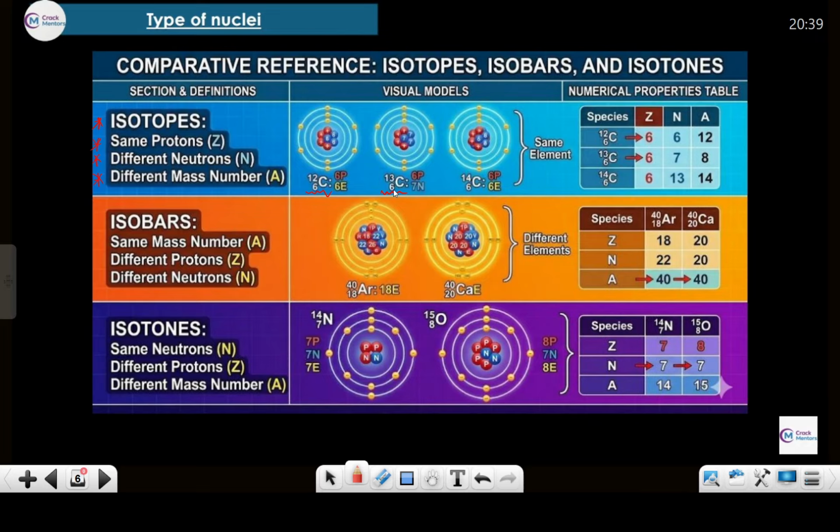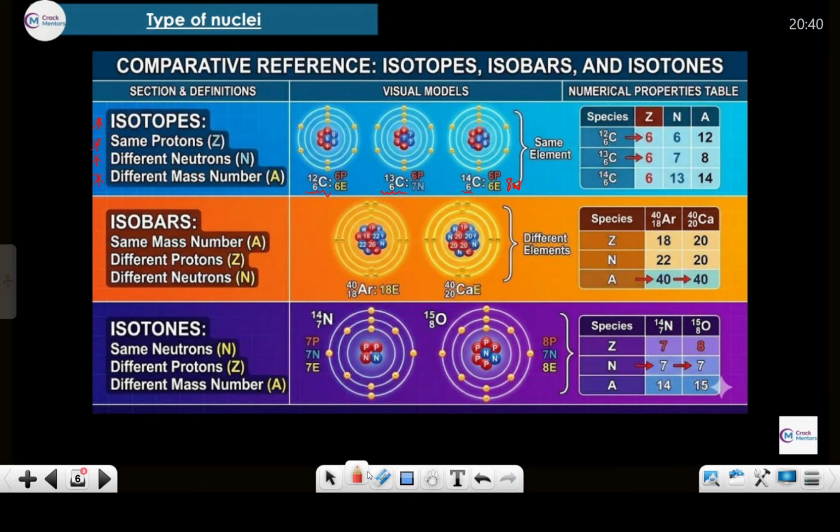Afterwards we see the atomic number has not changed, but the atomic mass has changed and the number of neutrons has also changed. In this one the atomic number is not changed, but the atomic mass has changed, and the number of neutrons is eight. All three are the same element, but with different numbers of neutrons and different mass numbers. I'm hoping that this is clear to you.